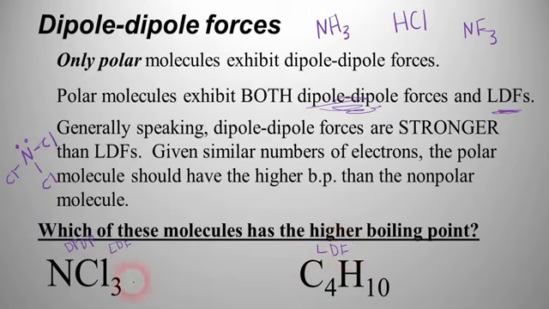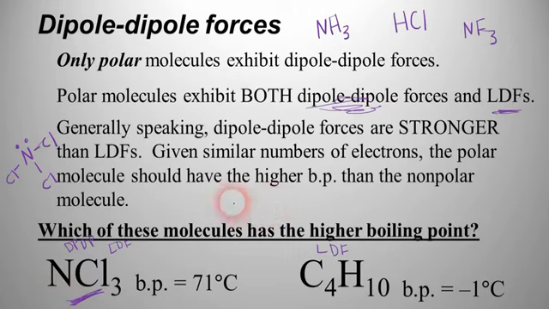And so since nitrogen trichloride has the dipole-dipole forces, we can say that it has the higher boiling point of these two. Now let's check that. And sure enough, nitrogen trichloride, because it has a dipole-dipole force in addition to its LDF, its boiling point is over 70 degrees higher than this molecule that has only London dispersion forces, which is butane.